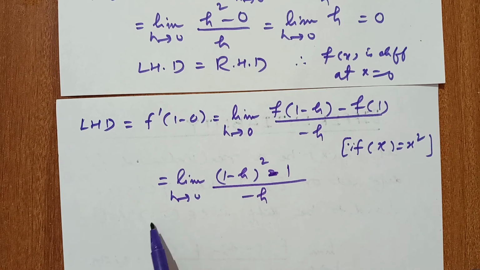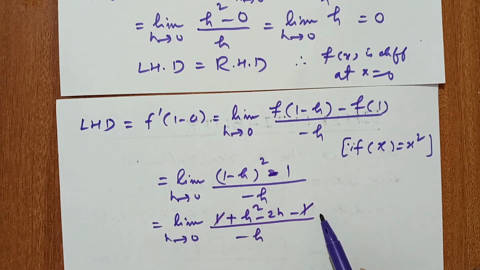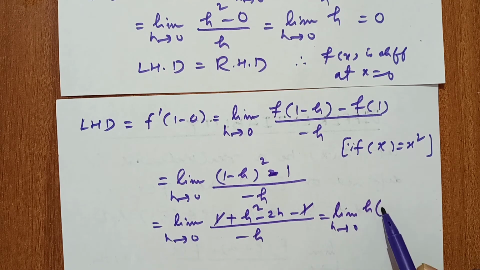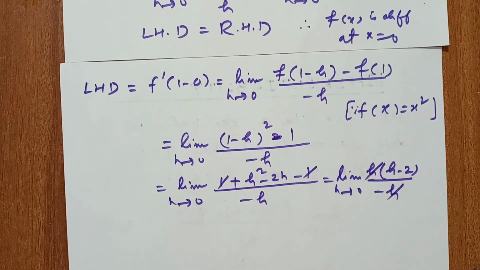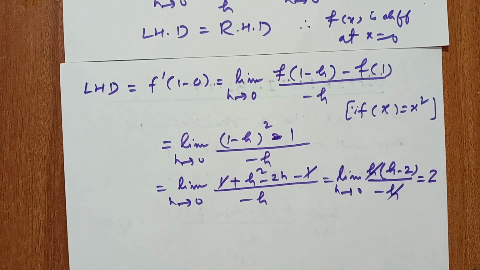So this is equal to limit h tends to 0 of 1 + h square - 2h - 1 upon -h. 1 cancels. By taking h common in the numerator, this is equal to h - 2 upon -h. h cancels. On taking the limit, we get minus minus plus, so this is equal to 2.